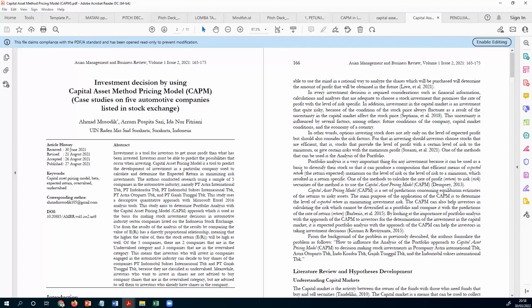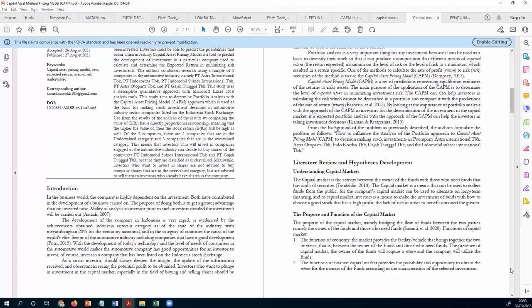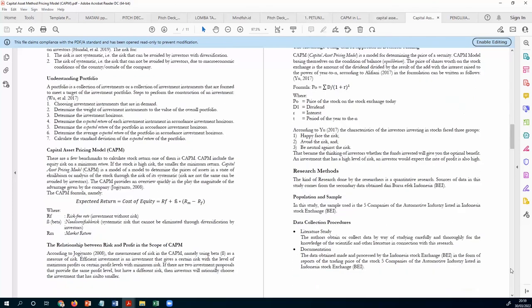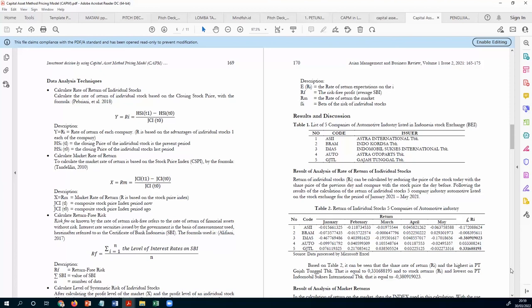Everybody will have their own industry. Each industry has its companies. Let's say the automotive industry. In this automotive industry, you need to identify the company first. Let's say Astra International, Indomobil, Astra Autopart, Gajah Tunggal. This is the automotive industry.